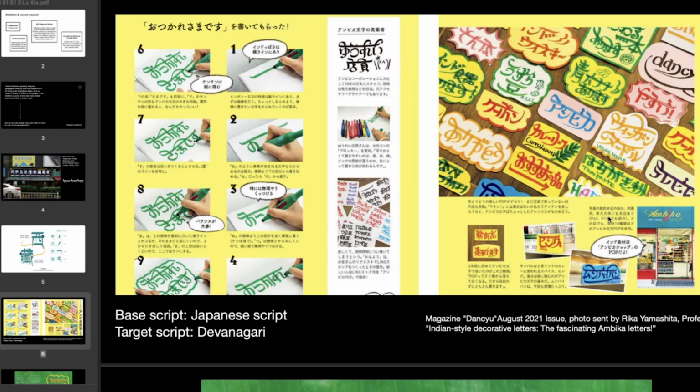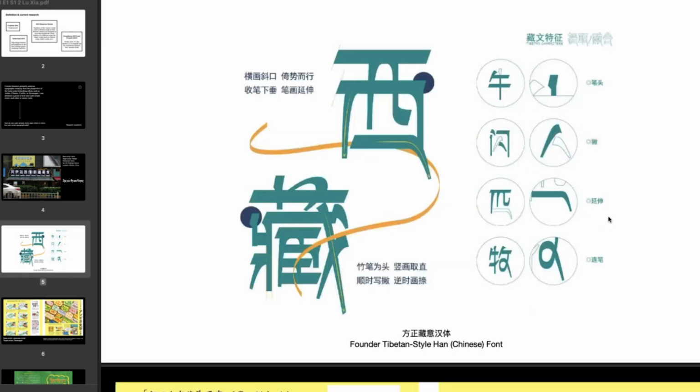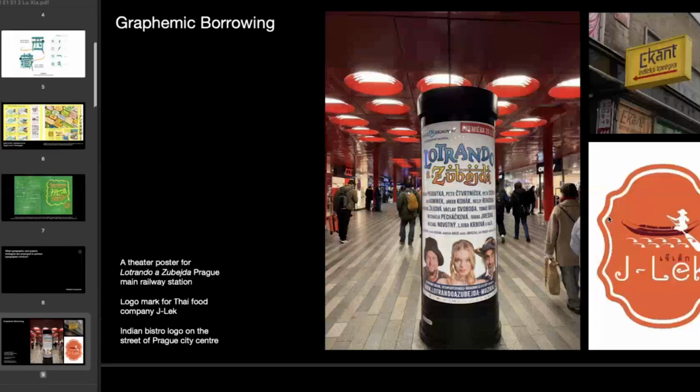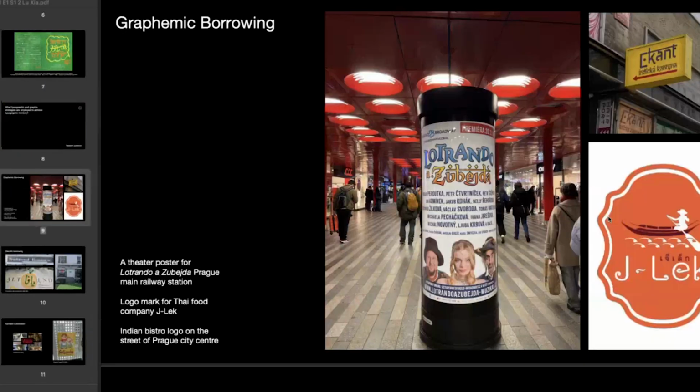Yeah, absolutely. I think most of the examples of these mimicries are used by the people themselves. Like the person who opened this restaurant is from Xinjiang, and I asked him, do you like this font?